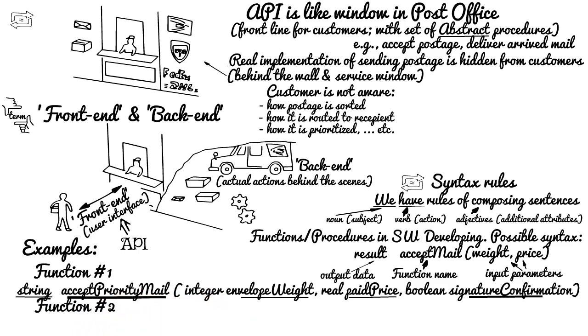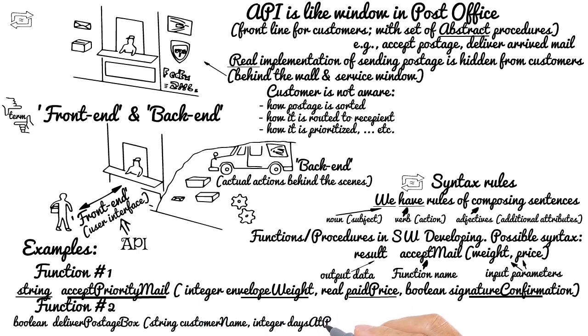Or another function, deliver postage box, with input data customer name, days at postal service, document is provided, signature confirmed, which returns true if postage is delivered or the customer picked it up himself, provided a document and signed in case requested by the sender, or returns false otherwise.